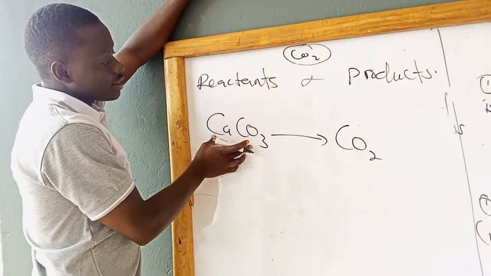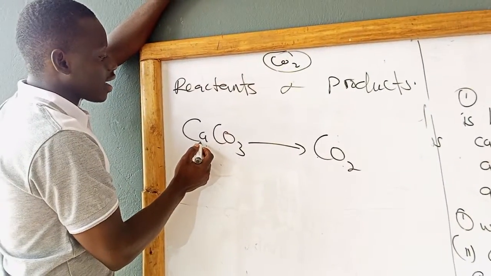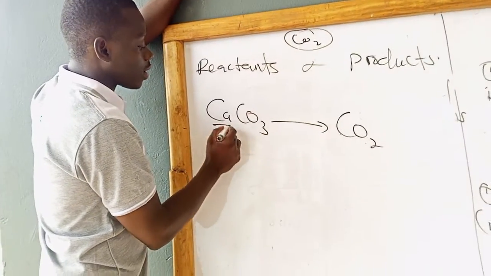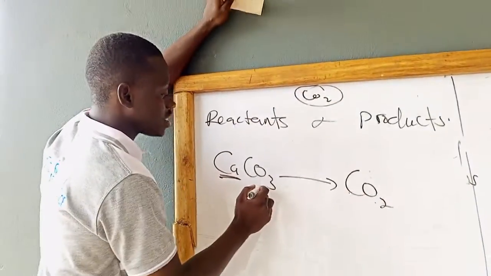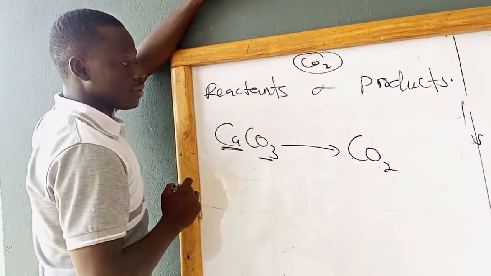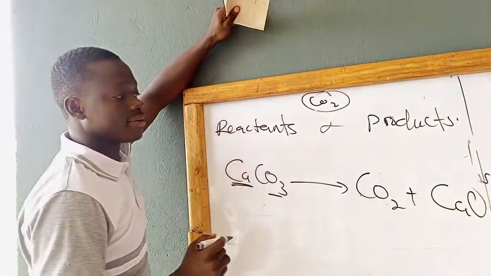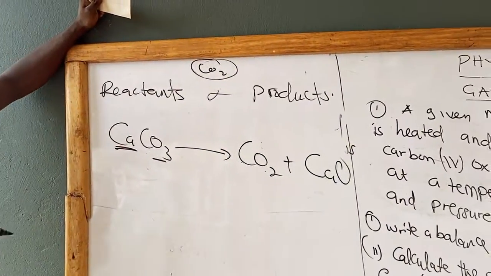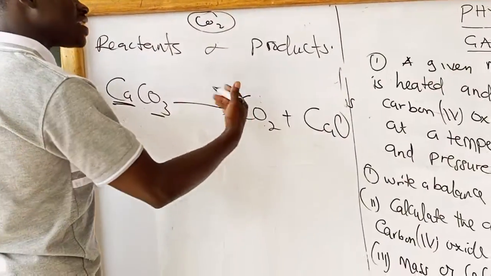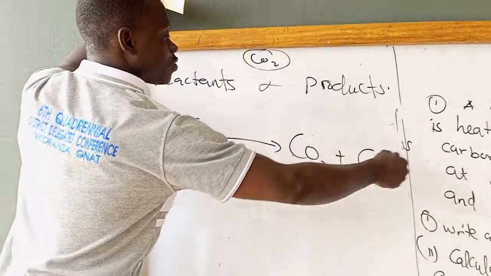But remember that we have carbon here, one, and oxygen, two, meaning that calcium will remain, and then one of the oxygen will remain. So you have calcium oxide remaining like this. Hope I'm clear with you. Good. This is how the resulting product was formed.